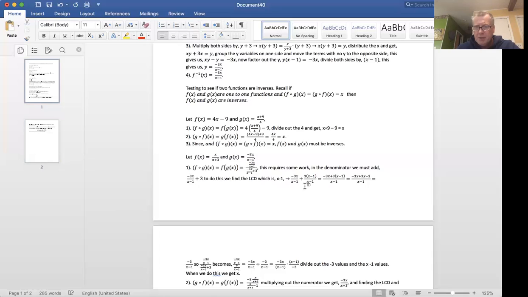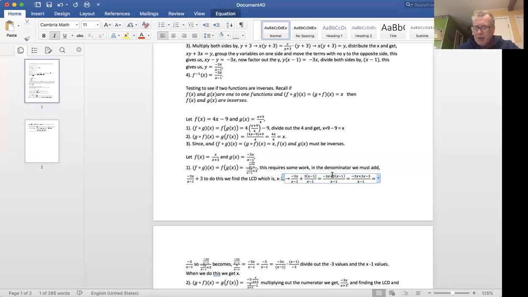Finding the common denominator means I have to multiply the 3 by x minus 1 and the denominator of 1 down below by x minus 1. That gives us this fraction right here. Okay, and so now we have an x minus 1 in each denominator. We'll go ahead and add numerator with numerator.